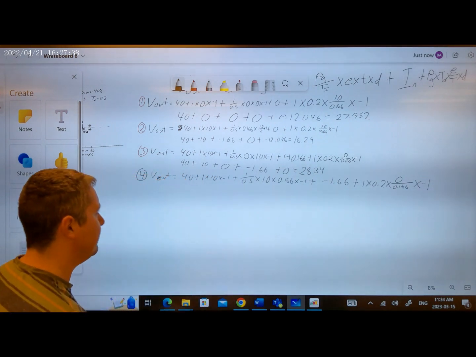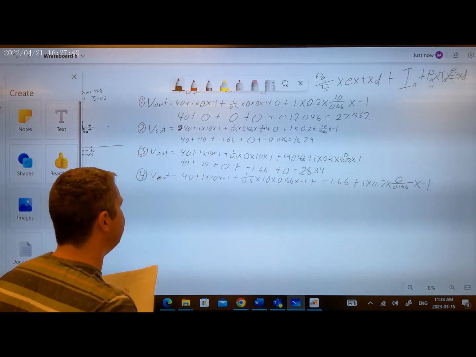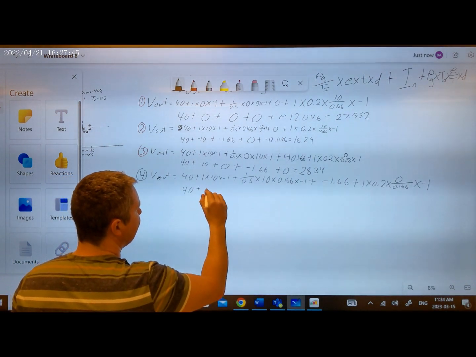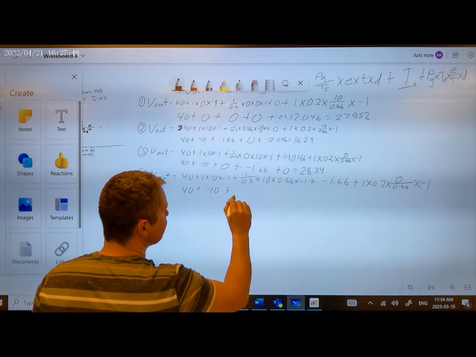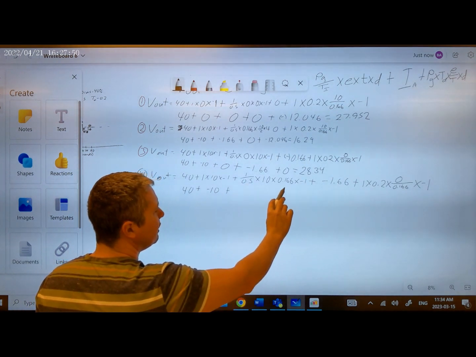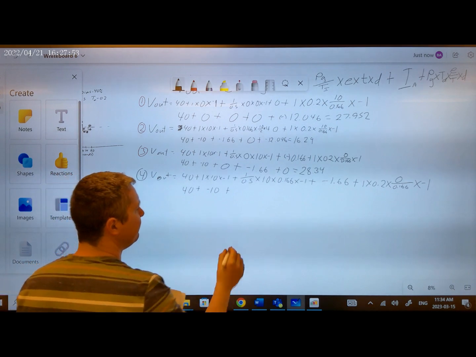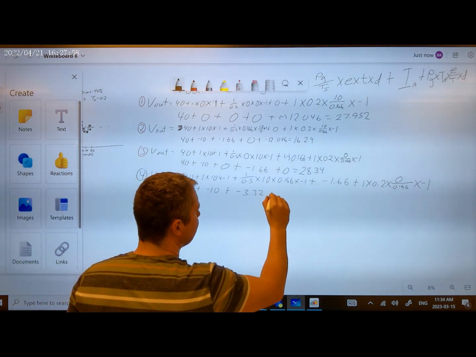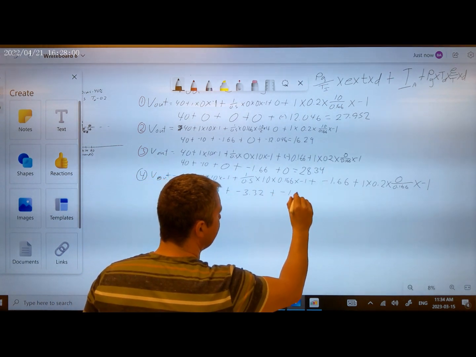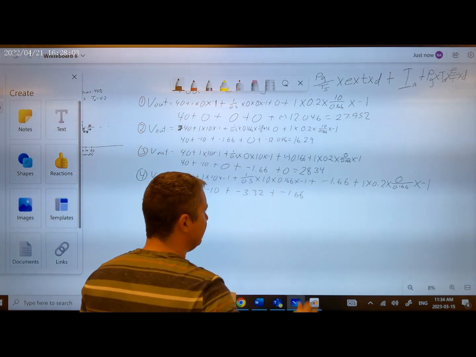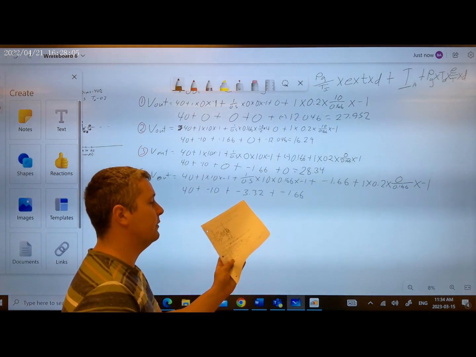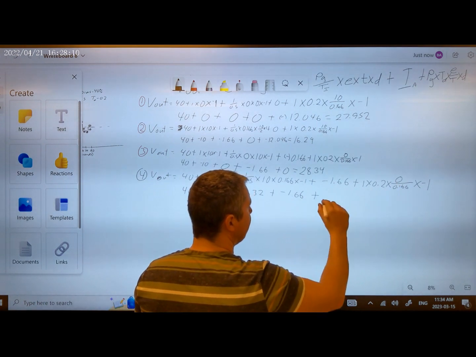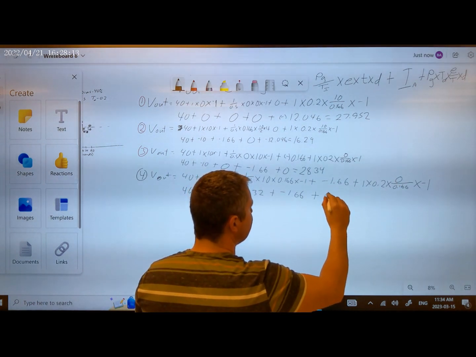So this starts getting repetitive, but you're going to see that the numbers keep on changing. So we have 40 plus, we still have negative 10 plus. Now our new integral is going to give us negative 3.32 plus minus 1.66. That's our cumulative integral. Plus our derivative, because we have 0 error over that amount of time, is 0.